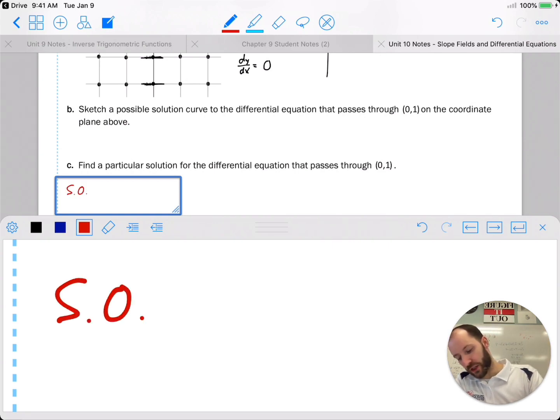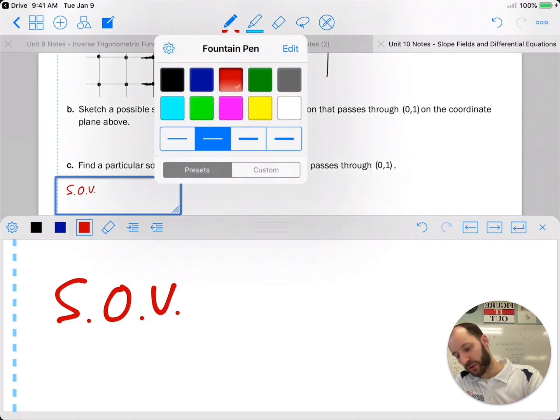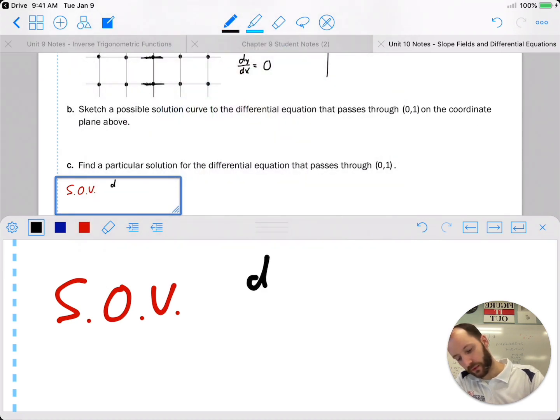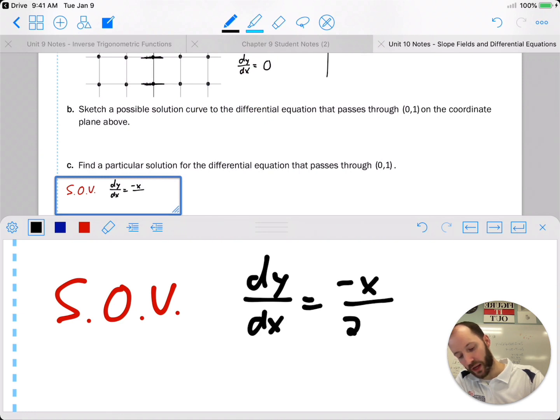So first we need to start by separation of variables. We have dy/dx equals negative x over 2y. When you take implicit derivatives, dx's go with x's, dy's go with y's, dh's go with h's, d whatever goes with whatever variable.